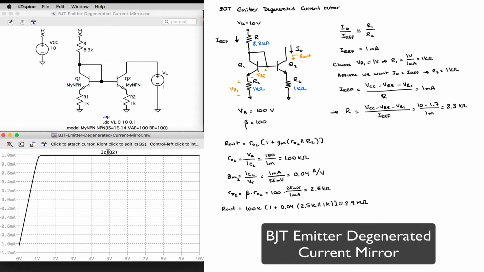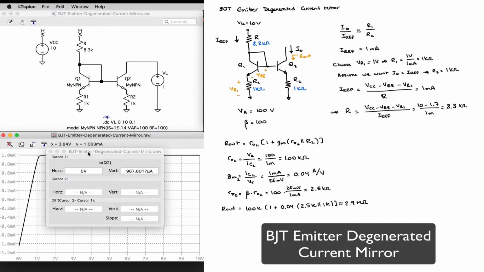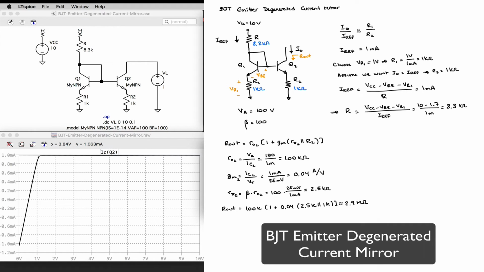I'll touch my cursor. In this case, I'm going to run it from 2 volts instead of 1, just because at 1 volt I can see that I'm out of compliance.